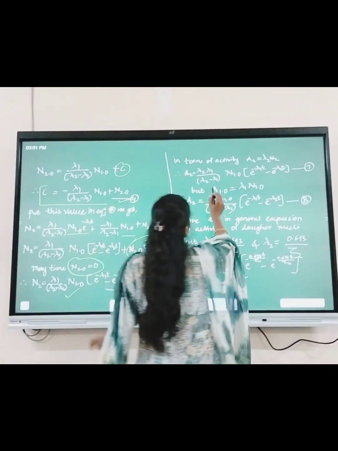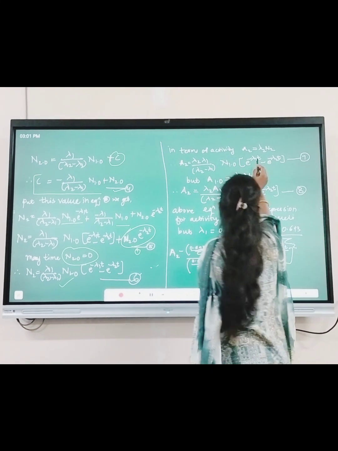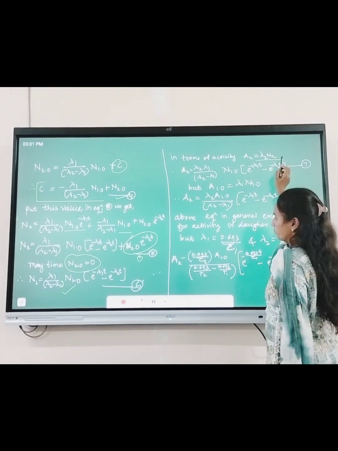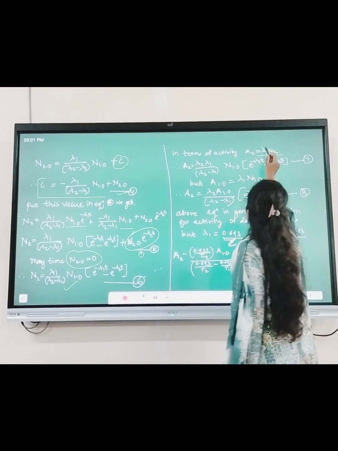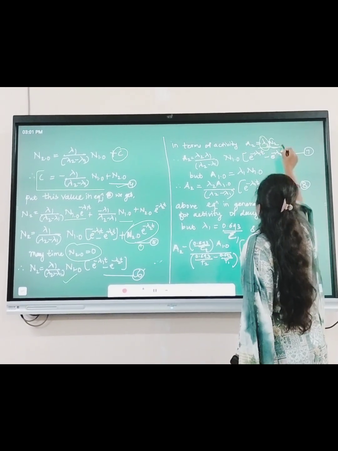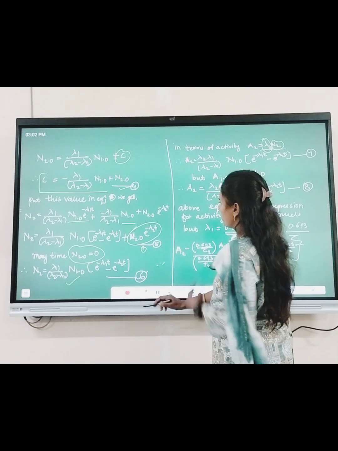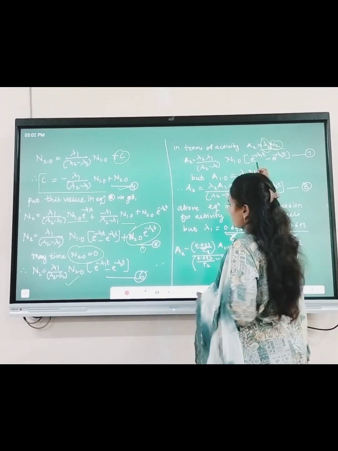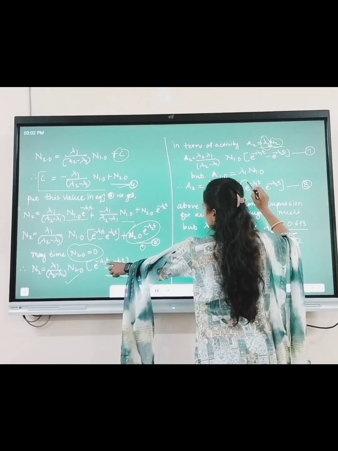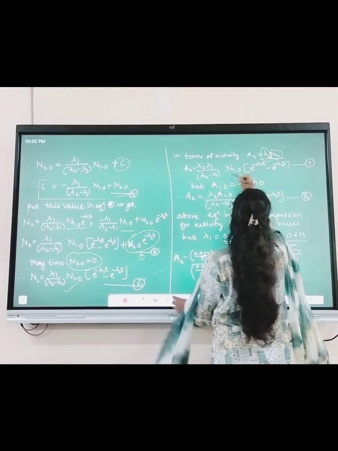Then in terms of activity, A2, we know that A2 is equal to lambda 2 n2. Therefore, we have A2 is equal to lambda 2 as it is. What is n2? n2 is lambda 1 divided by lambda 2 minus lambda 1 into n1.0 into e raised to minus lambda 1 t minus e raised to minus lambda 2 t.